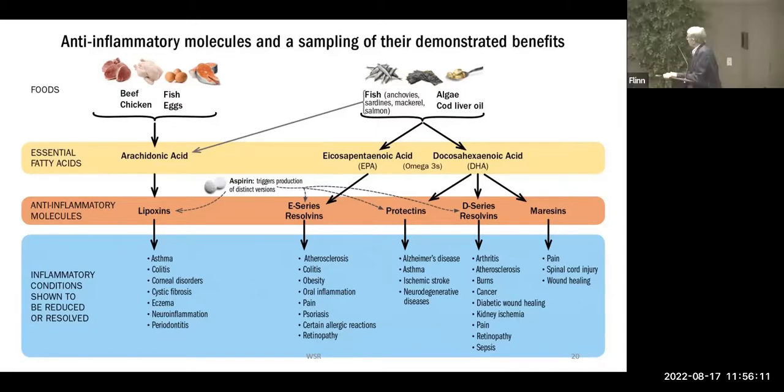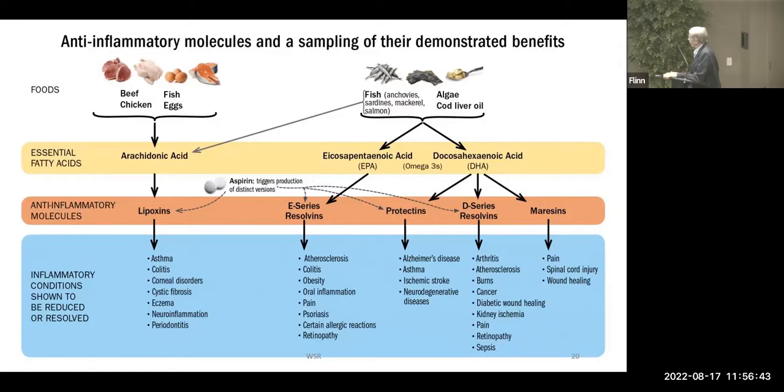So aspirin has been uniformly recognized as a good anti-inflammatory drug. But the thought about aspirin was that it prevented inflammation early on instead of helping it to resolve. And what this study has shown is that aspirin actually triggers the production of the distinct SPMs.